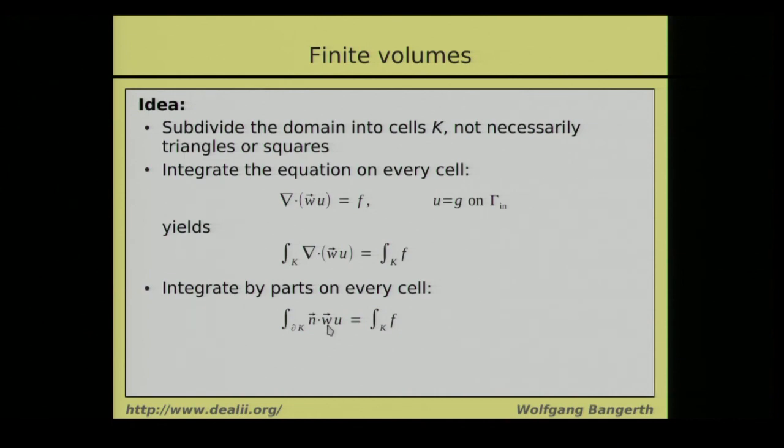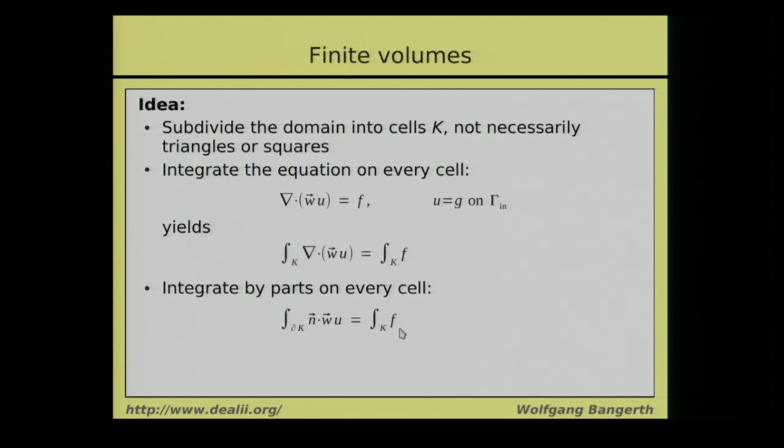Well, W is my wind field, U is a concentration, so W times U is a flux in direction W. N dot W times U is going to be the flux in the direction normal to the cell. And so what this says is that if I integrate the normal flux over the entire boundary of a cell, then this equals the production of pollution, F, on this cell.